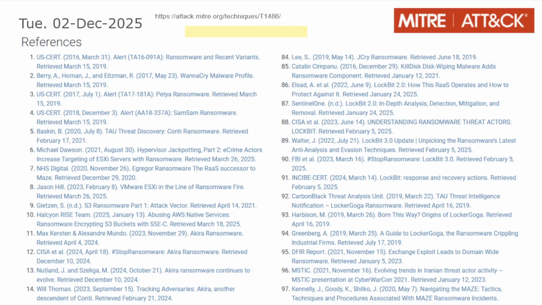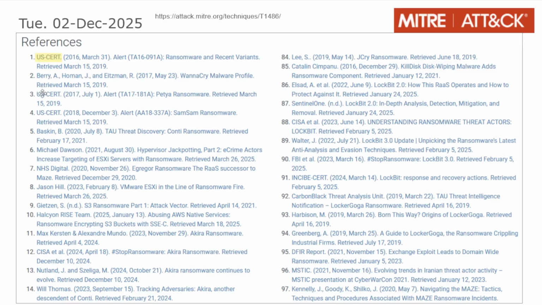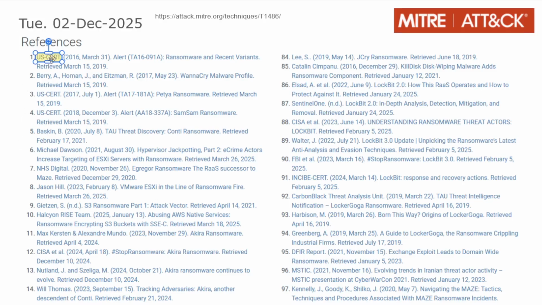So we have now a lot of sources. Let's just fly over some of those. So the US CERT, that's a source, the US Computer Emergency Readiness Team, and as you can see, the US CERT has quite some of the sources here.